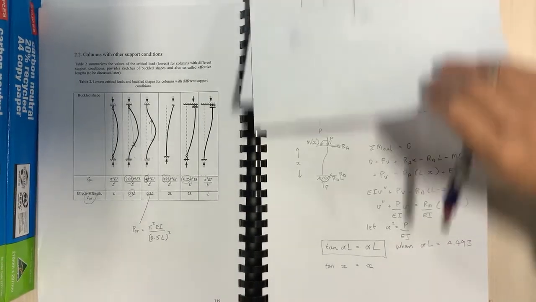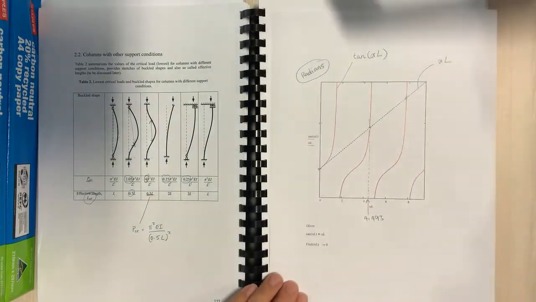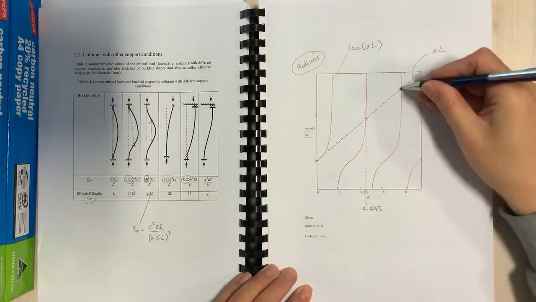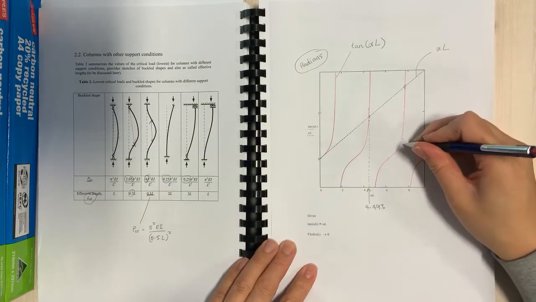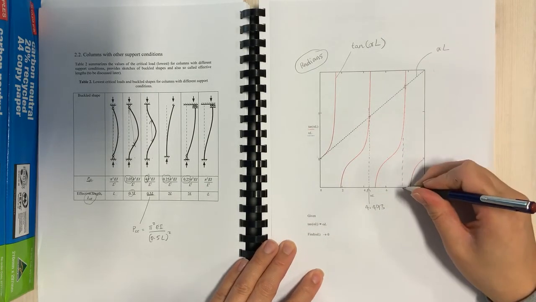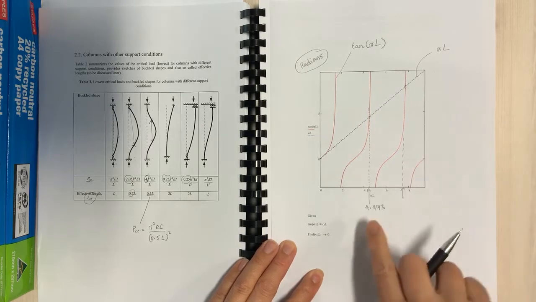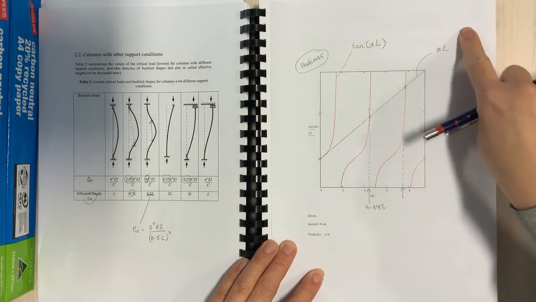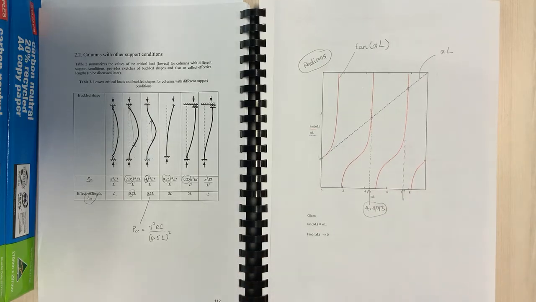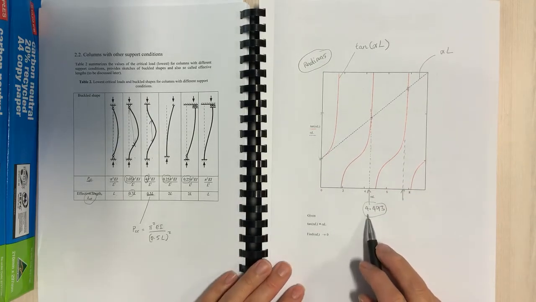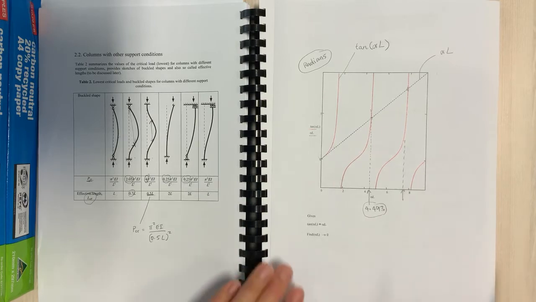And as before, of course, there are other solutions. There's another solution at that point which could also be read off by the graph paper. So if you plotted it, you would be able to find all of the solutions. But as before, we're only interested in the lowest solution, which in this case turns out to be 4.493.